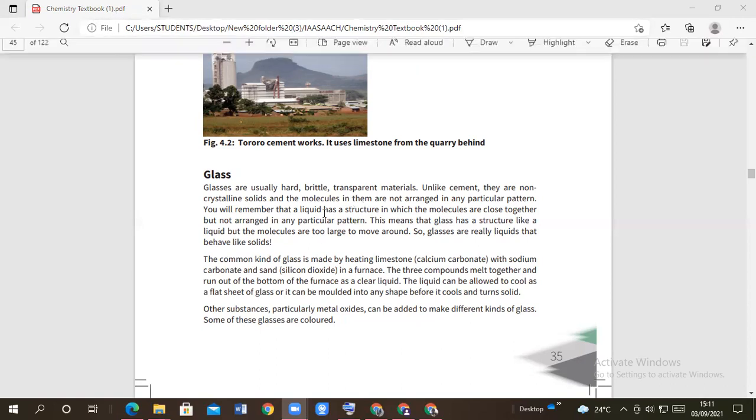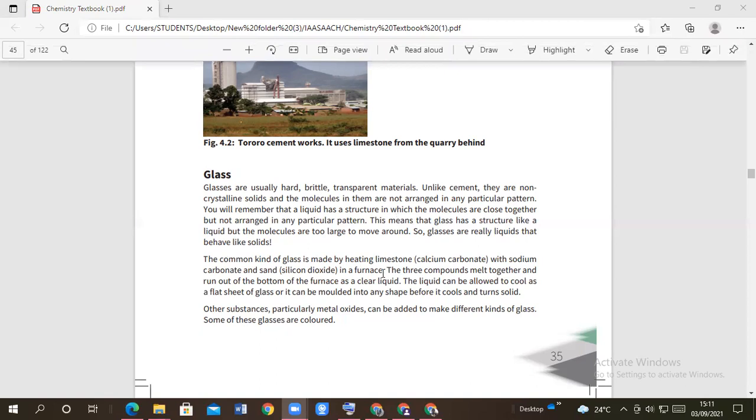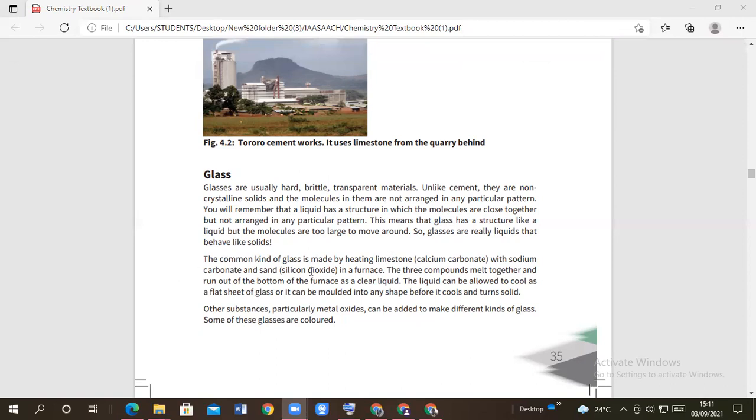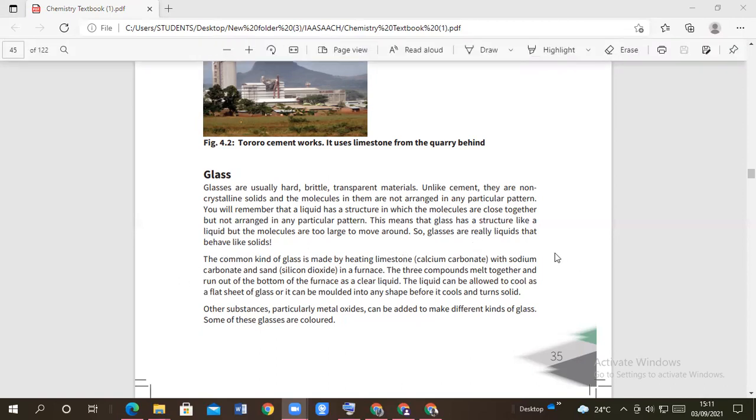If they ask you how those things are made, you must be positioned to give a brief description. In glass we have limestone, sodium carbonate, and sand. If you heat those three in a furnace, a liquid will come out. That liquid is colorless. As it dries, maybe you allow it to dry on a flat platform, it will give you flat glass.